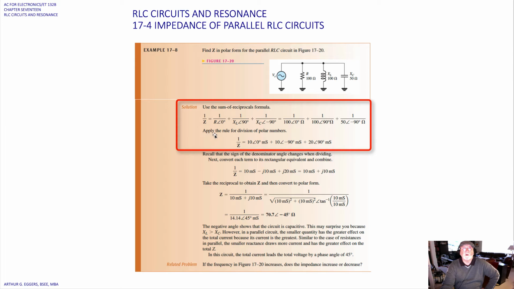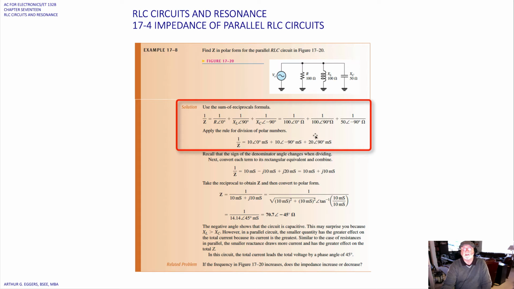If we apply the rule for division of polar values, then it's just a matter, as we've seen before, of moving the value in the denominator into the numerator and changing the sign on the angle. So 1 over 100 for the resistance becomes 10 millisiemens at an angle of 0. 1 over 100 for the inductive reactance is 10 millisiemens at an angle of minus 90 degrees.